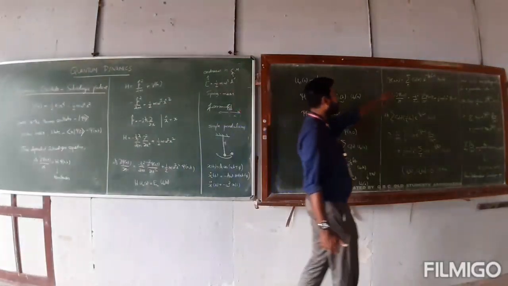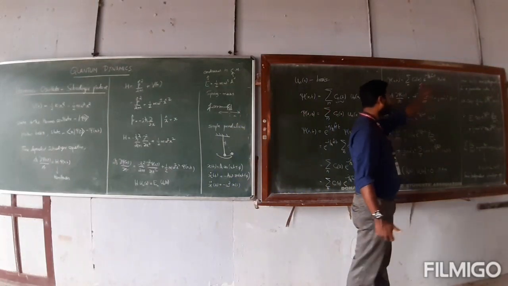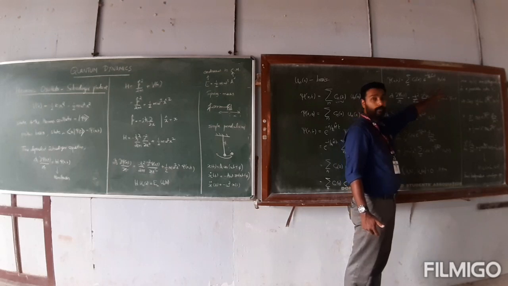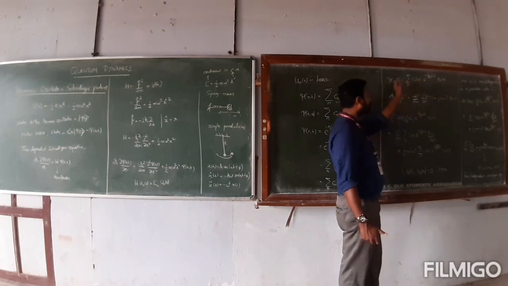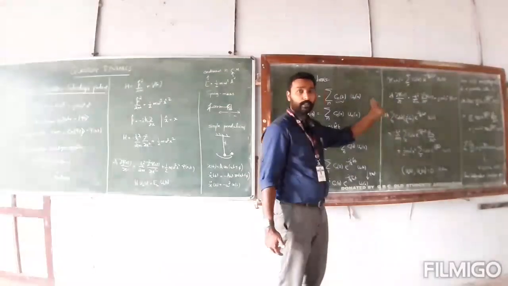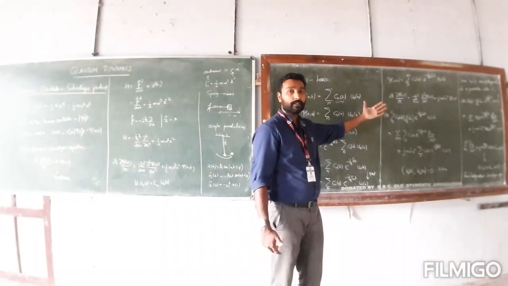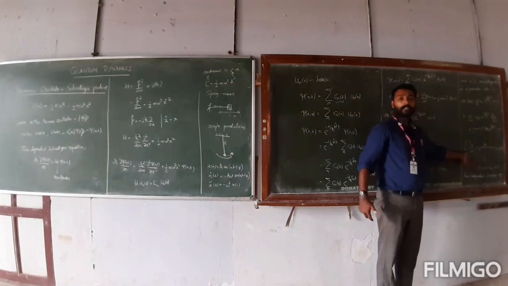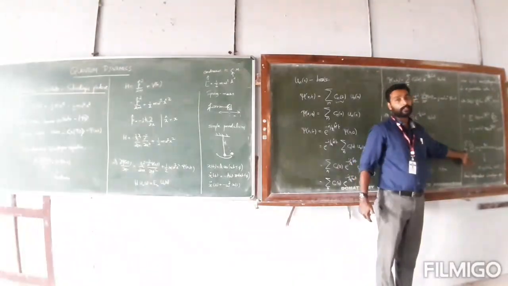Then I substituted the explicit form of psi of x,t in the time dependent Schrodinger equation, and arrived at a new equation, the time independent Schrodinger equation.